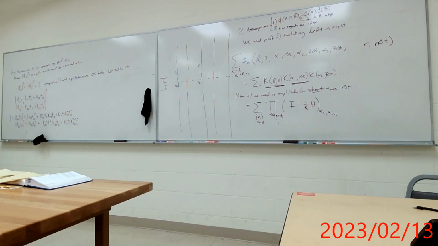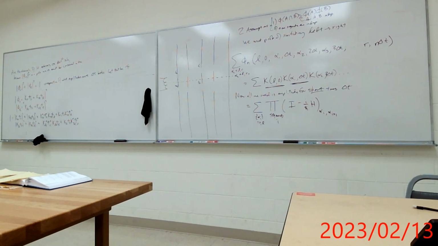Oh, 1, 2, 3, 4, 5, 6, 7, 8 terms. Okay? But I can summarize those, I don't have to write them out. I can, but I don't have to.